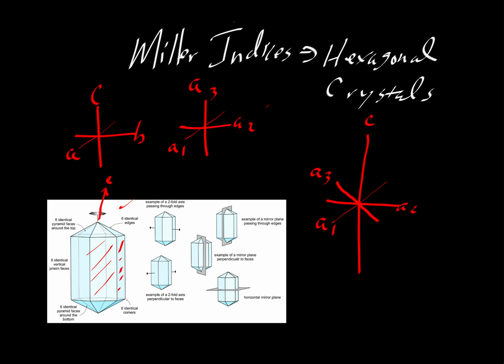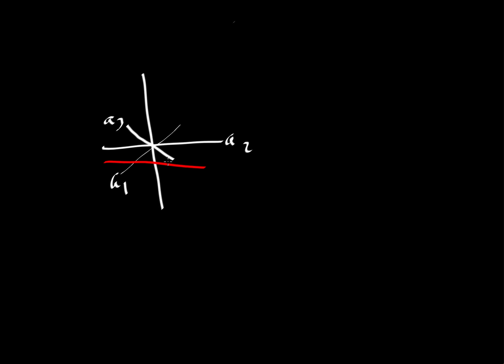So let's go ahead and clear the chalkboard, and we'll have our C-axis, and then an A1, A2, and A3. And then we'll have a case of a crystal face that is, let's say, moving in this direction here.